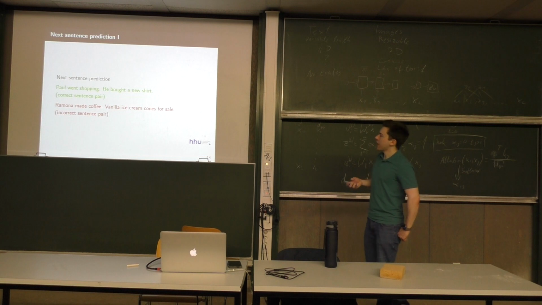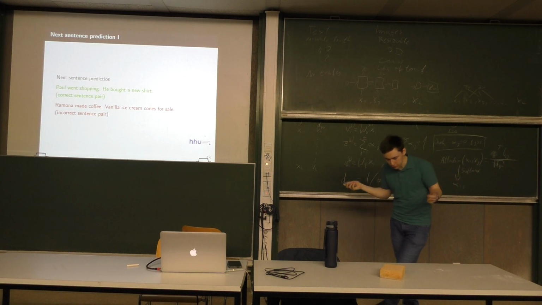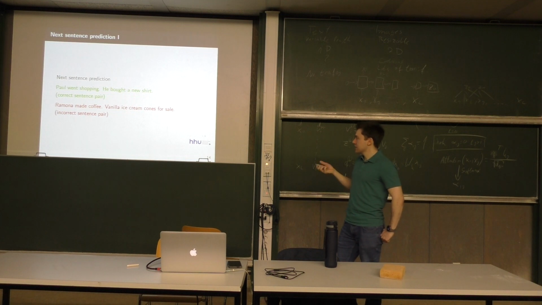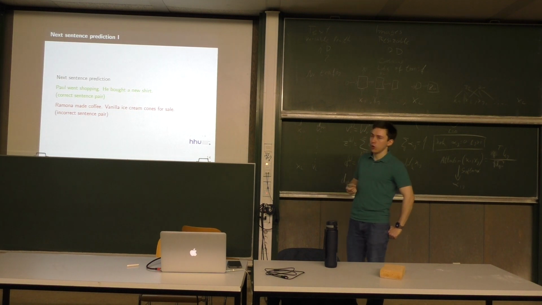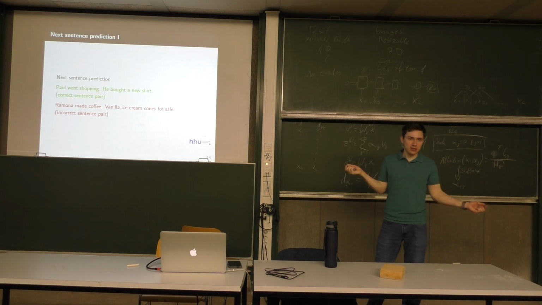Okay, and the other pretext task that is used is next sentence prediction. So it is a little bit more long term. You need to understand multiple sentences and their concept at once. The question is, does the second sentence follow after the first sentence? So Paul went shopping, he bought a new shirt, makes sense. Buying a shirt and shopping is connected.